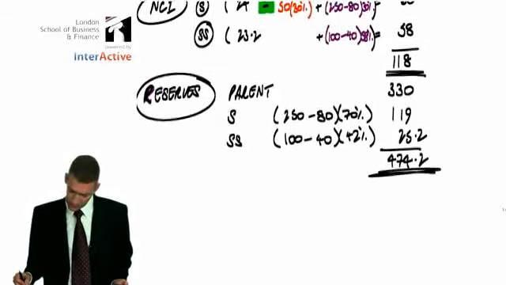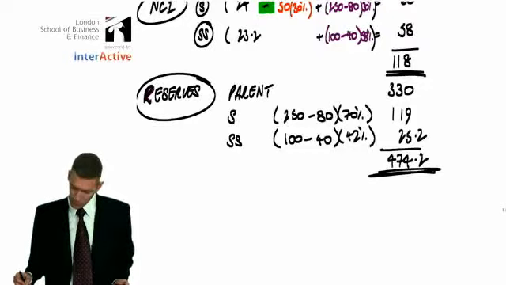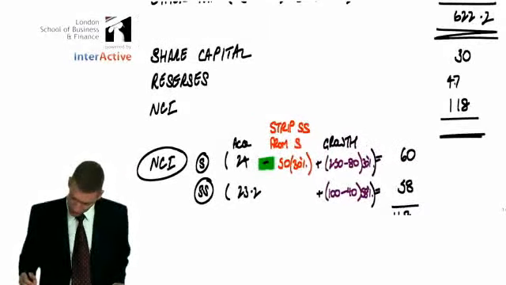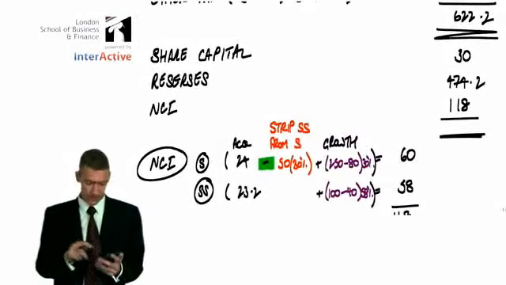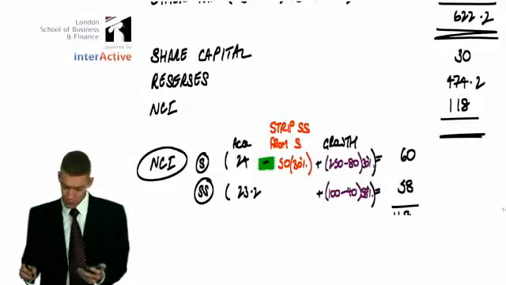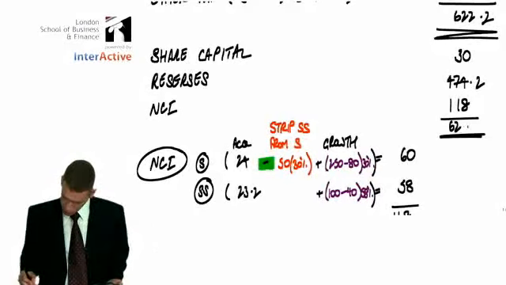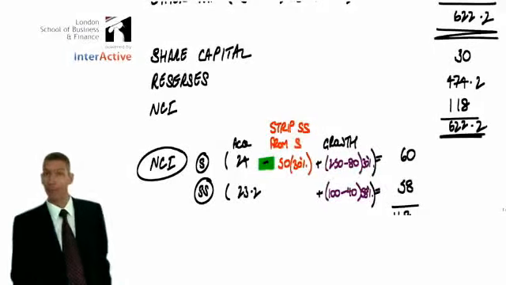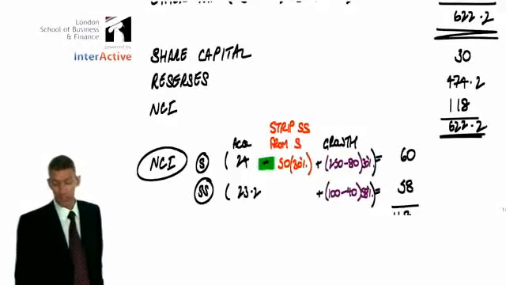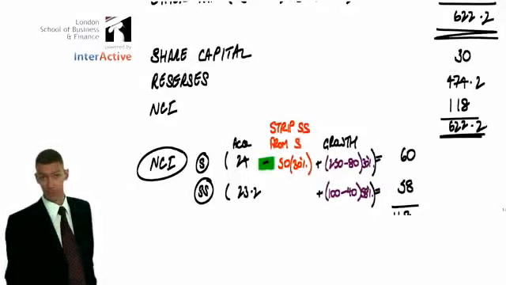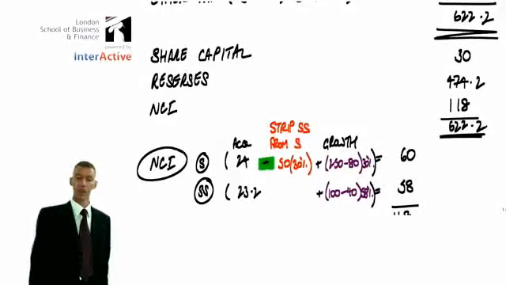So let's see if it does balance. 474.2, taking that up. 474.2 plus 30 plus 118 is equal to 622.2. 622.2. Miraculous! It balances. What's the chances of that happening in the exam? Absolute zero. There's no chance, is there?